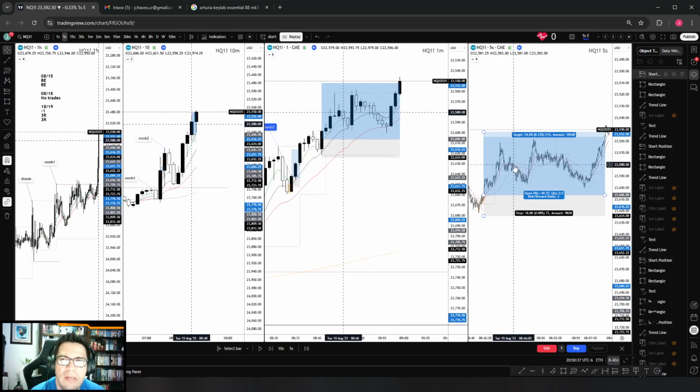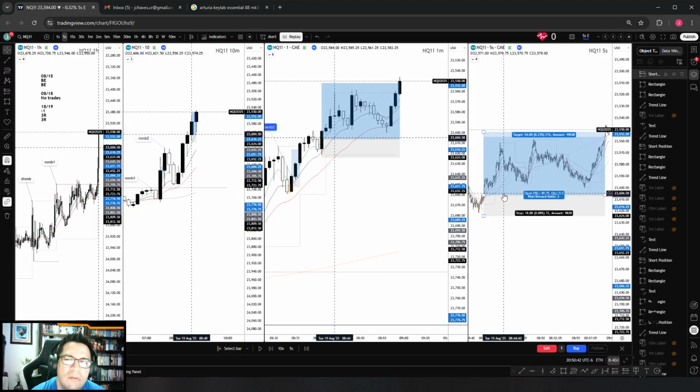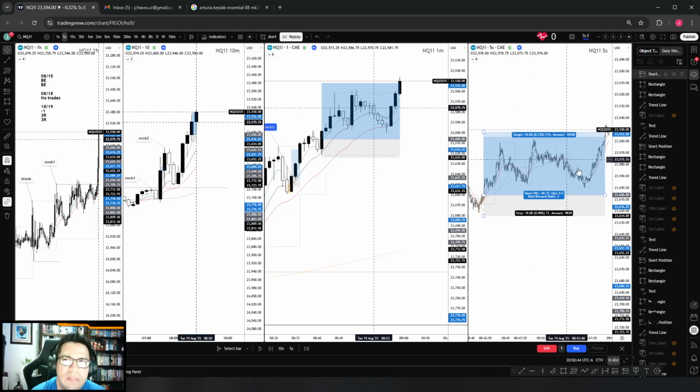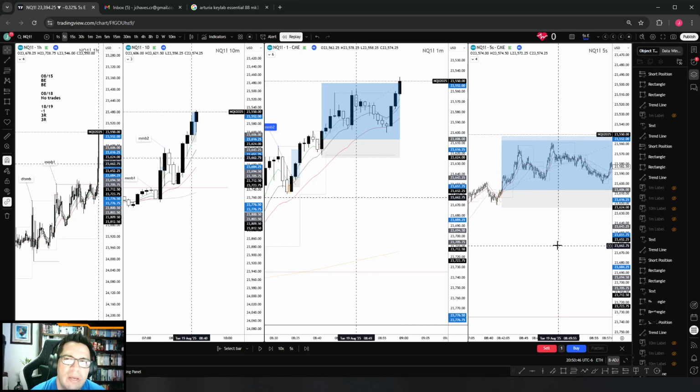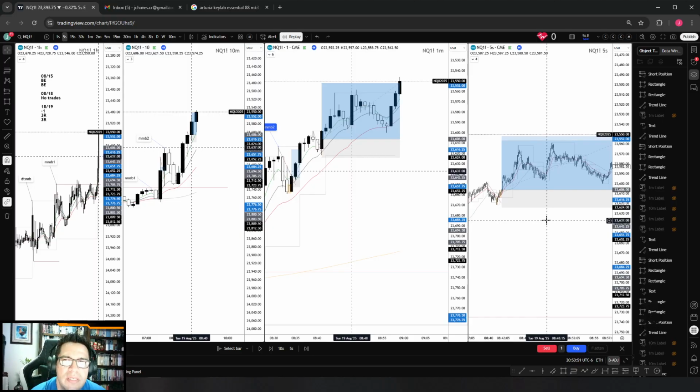A quick note on how to anticipate how price could and will move at certain conditions. In this case, we have to stick to our system, to our rules, and let it play.